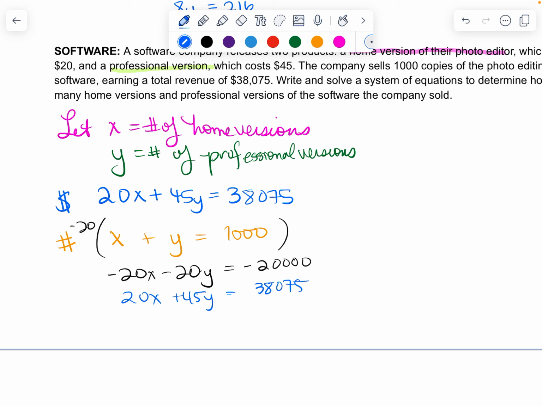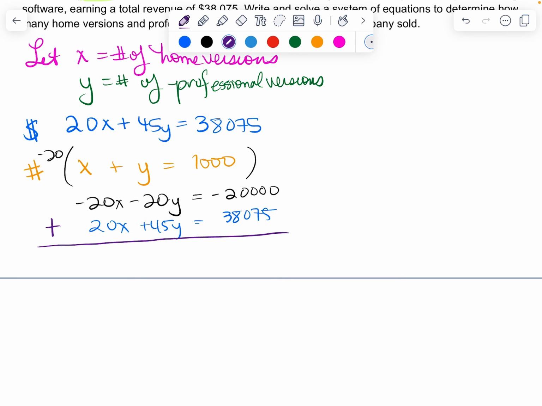I'm going to add these up, and the x's go away, and I get 25y equals 18,075. And yes, I probably could do this in my head, but we are not going to do that. 18,075 divided by 25, so y equals 723.